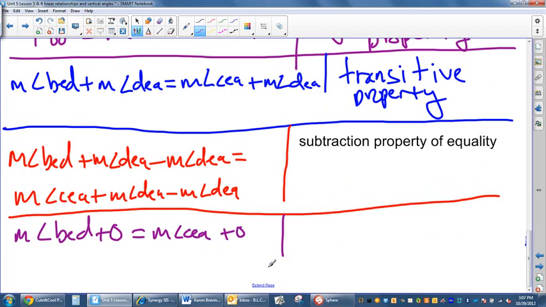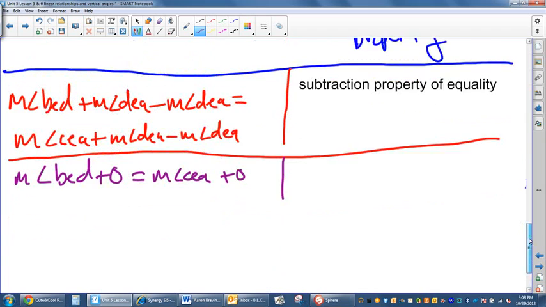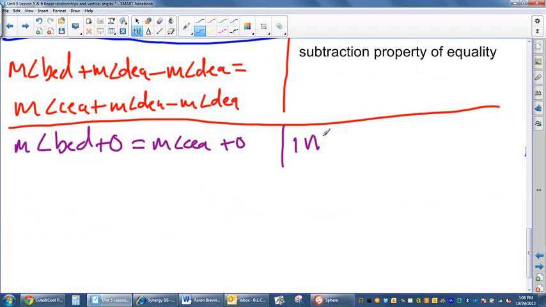It says 2 minus 2 equals 0, or 1,000 minus 1,000 equals 0, or A minus A equals 0. It's the inverse property of addition.